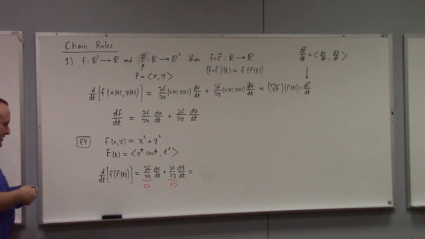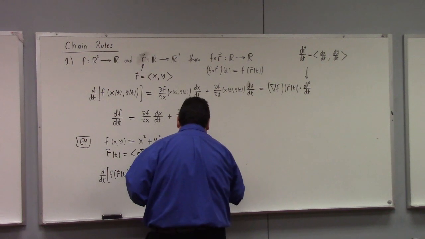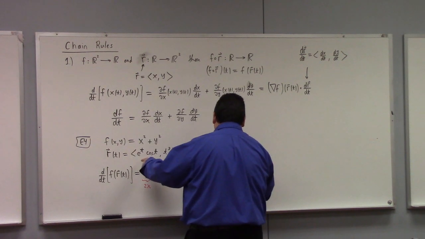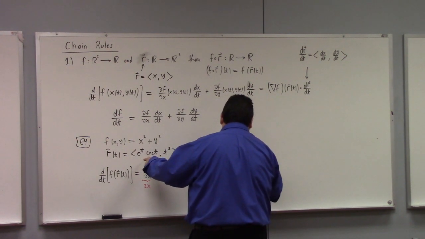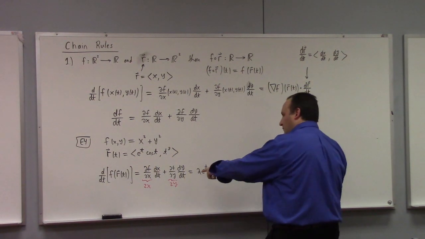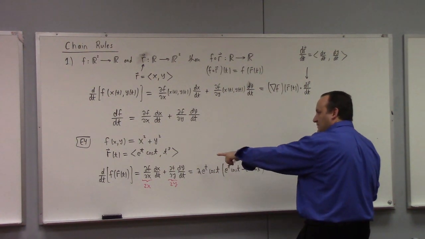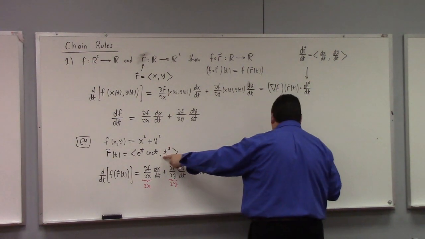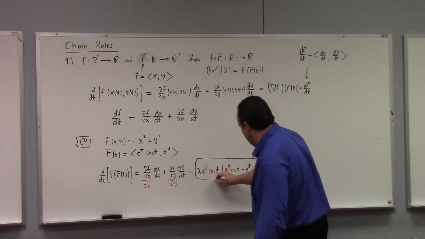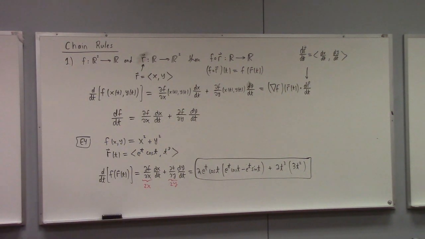So I get 2 e^t cos t, times dx/dt, which by the product rule is e^t cos t minus e^t sin t. Then plus 2y, which is 2t cubed, times dy/dt, which is 3t squared. And there you have it. That is the chain rule for a function of two variables composed with a path.